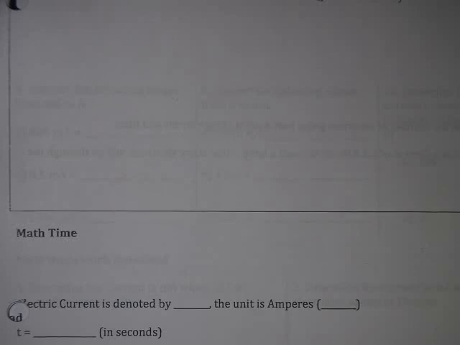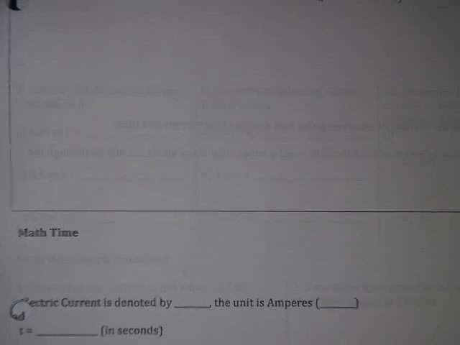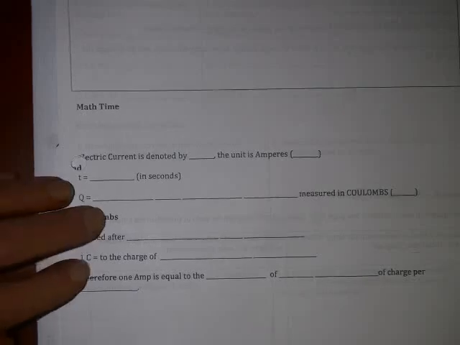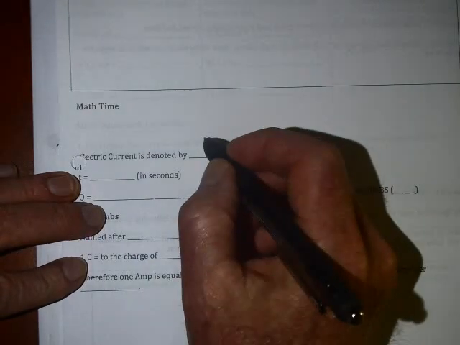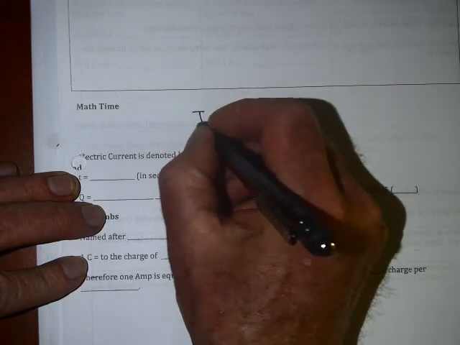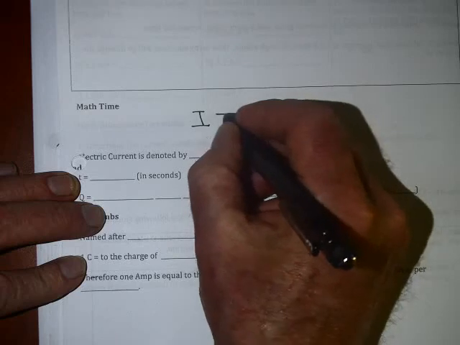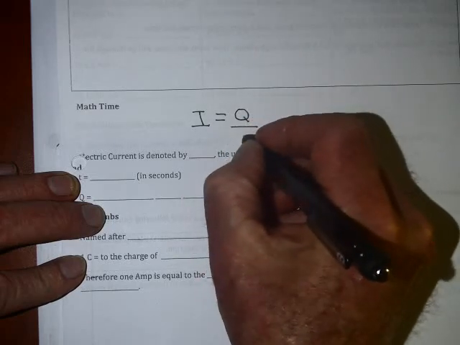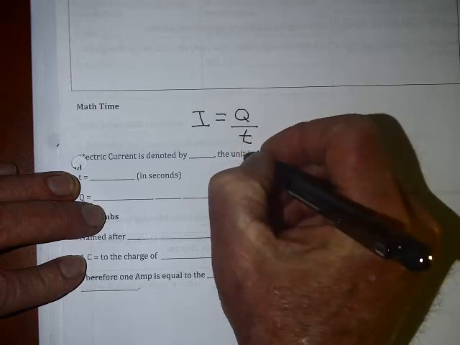Alright, math time. We're on page 7, and the first thing that we're going to do is put 2 equations. I'm going to put this one here: I is equal to Q divided by T. Okay?